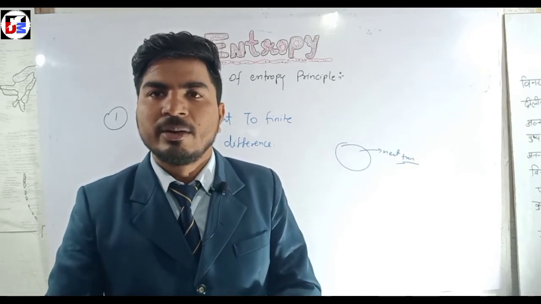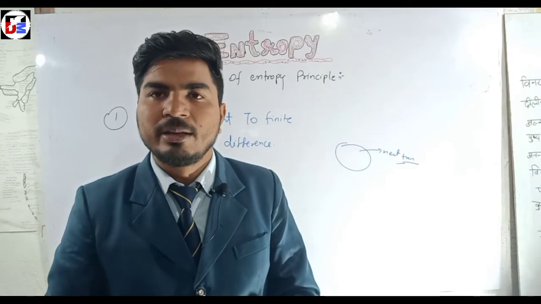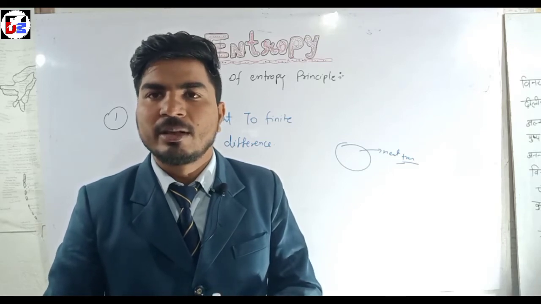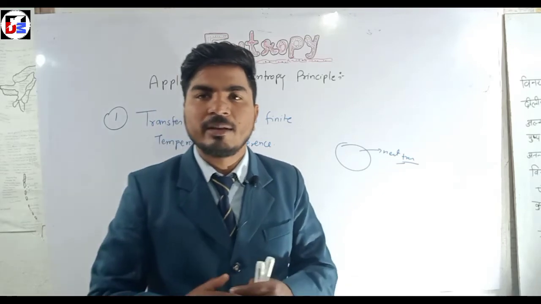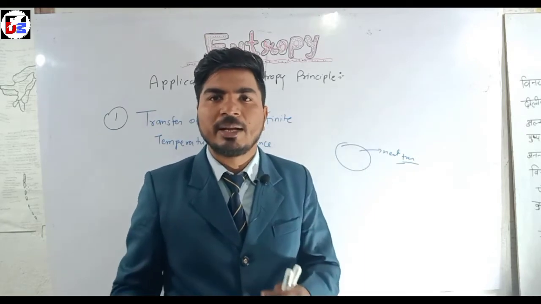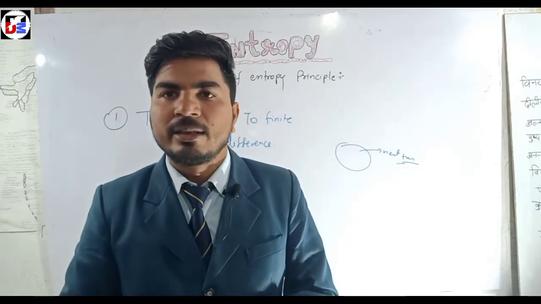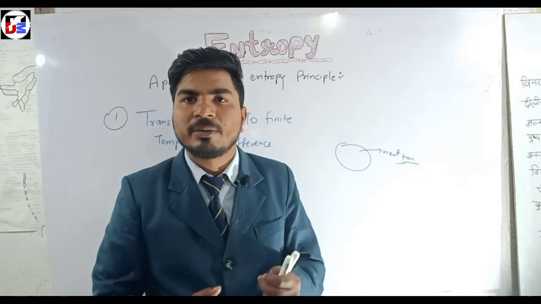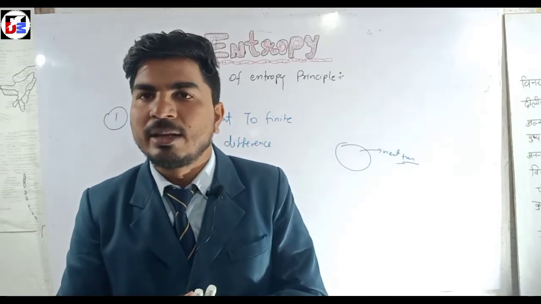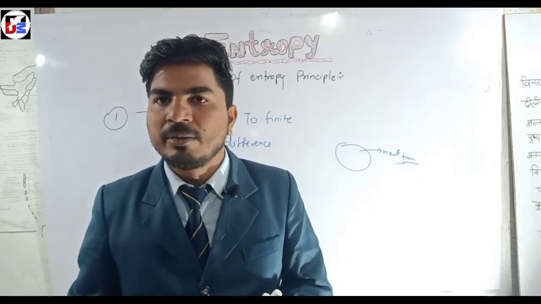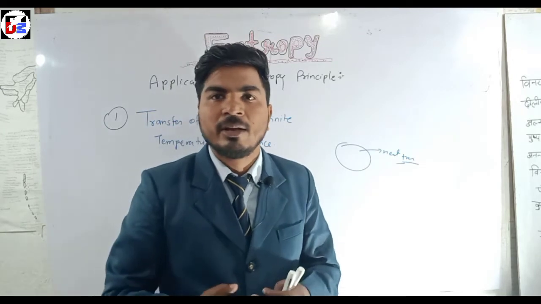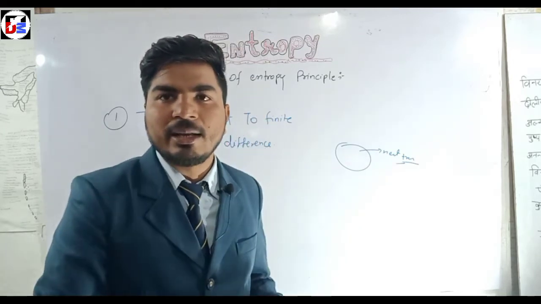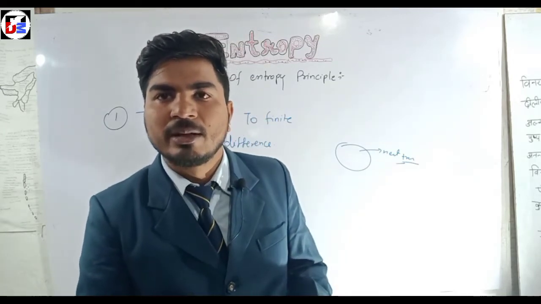It is not negative. If it is negative, then the process is not possible. So this is a generalized principle. It can be applied anywhere. It comes from the second law of thermodynamics, as you already know that entropy comes from the second law.